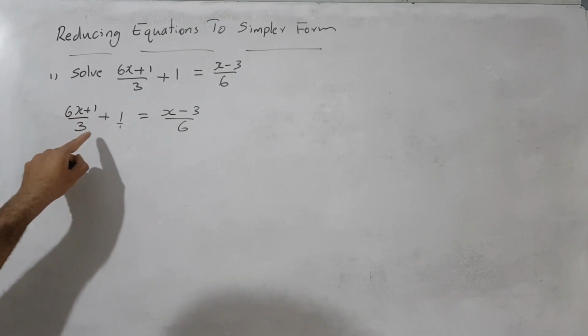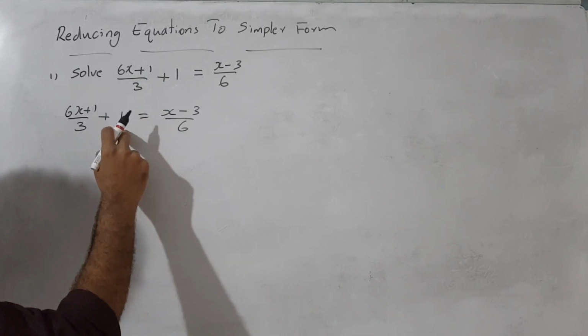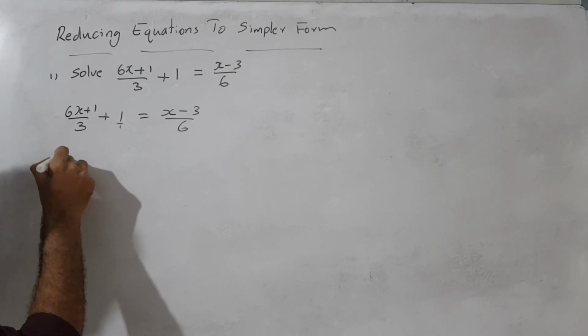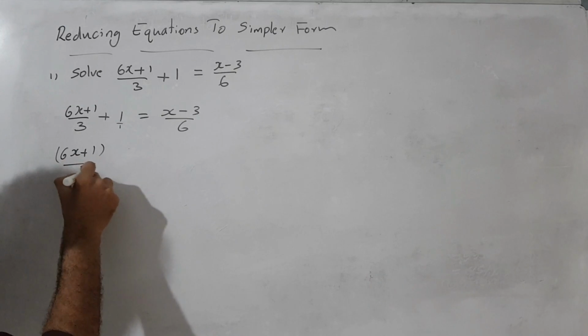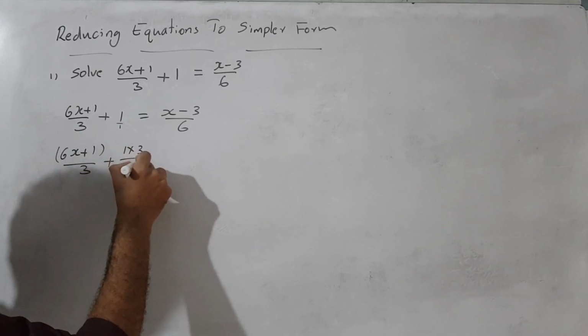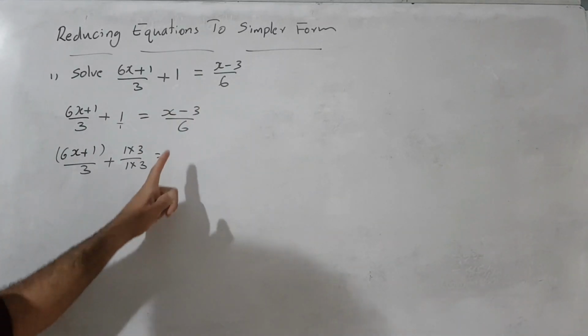For that we need to make the denominators equal. Then next we multiply both numerator and denominator by 3. Then (6x + 1)/3 + (1 × 3)/(1 × 3) is equal to, here there is no other term with (x - 3)/6.